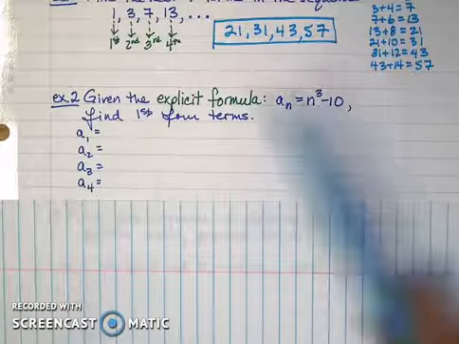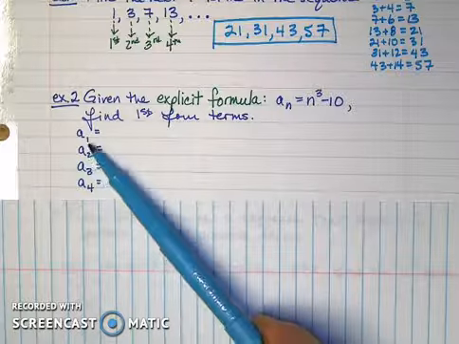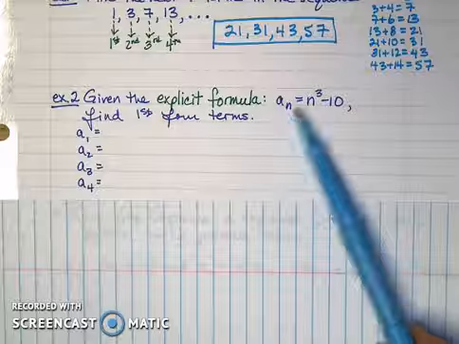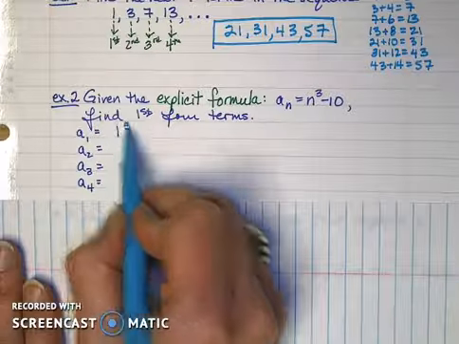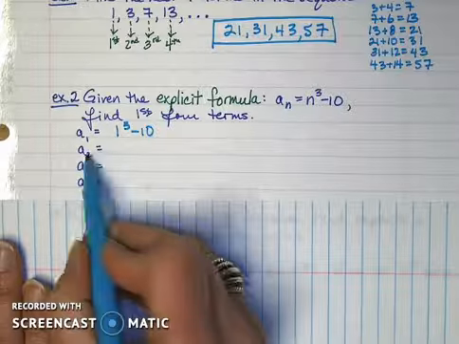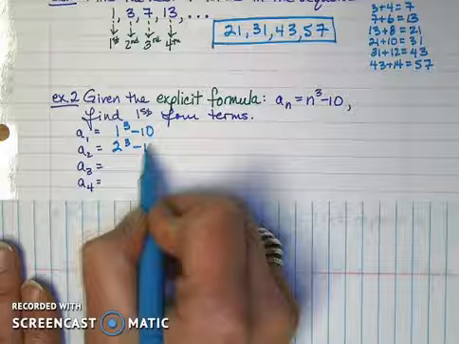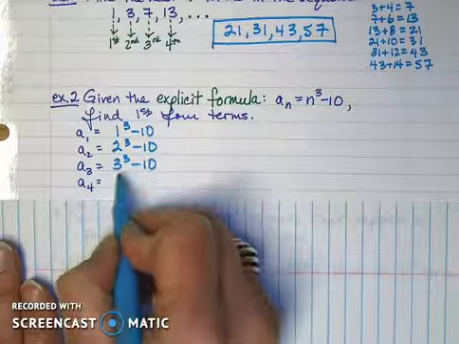This was the first term, the second term. So we're going to plug in 1 here to get the first term, a sub 1, which would be 1 cubed minus 10. Always minus 10. The next term would be 2 cubed, right? So you see the pattern. This is 3 cubed. This is 4 cubed.